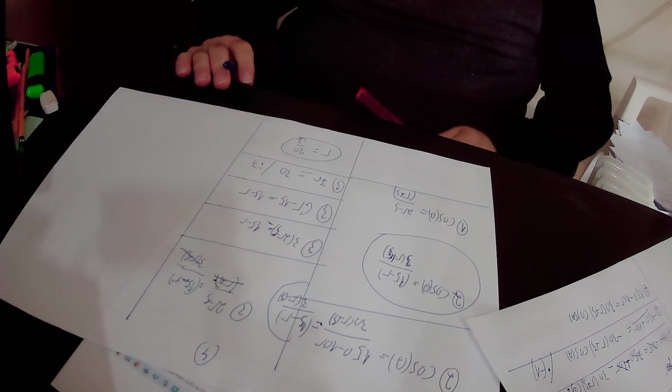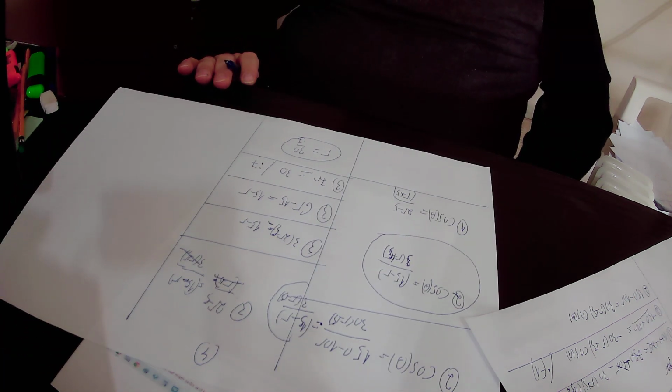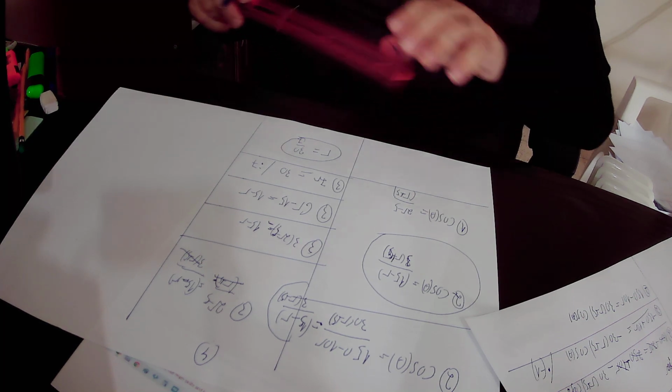But we are looking for the diameter that is twice as large as the radius, so we will multiply the radius by 2 and we will get the diameter.